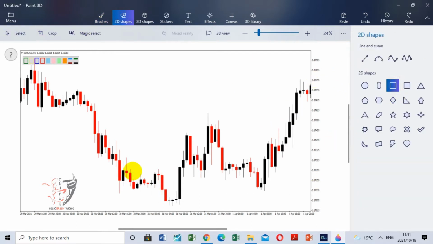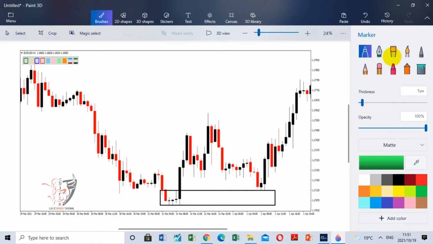Price was in our down movement here, and then came into consolidation, which is our balanced area where sellers and buyers are even or at equilibrium, where there's no decision. The decision was made from this point here to carry price to the upside. This is where the reversal started to happen.